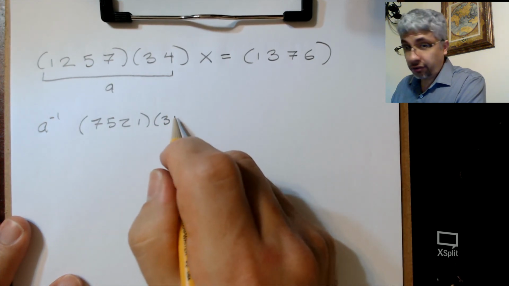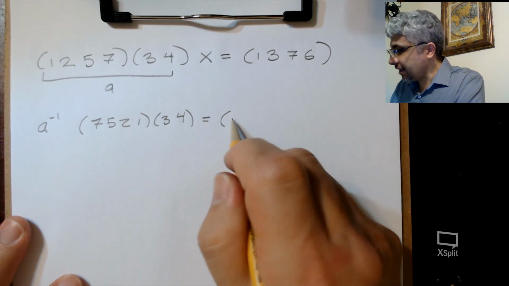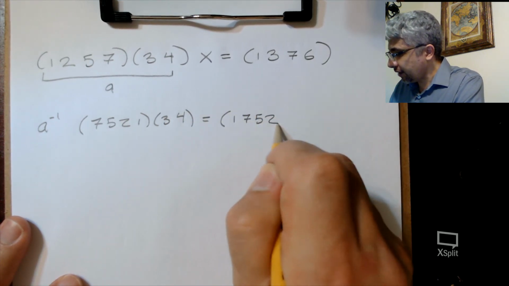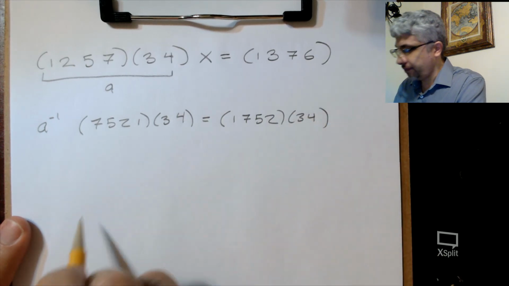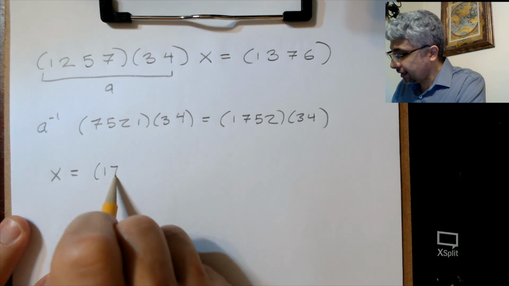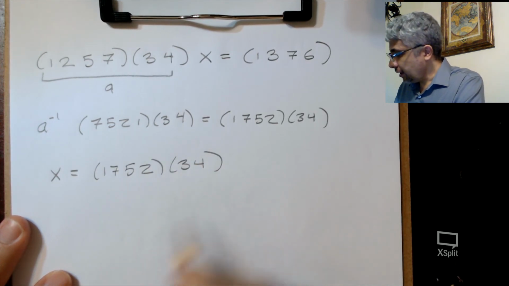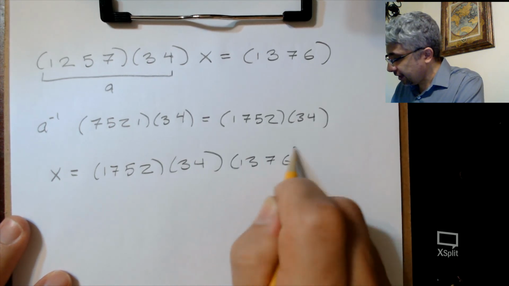I could write (4 3) here, but we already know that's going to be (3 4). Applying A inverse on the left to both sides means I get (1 7 5 2)(3 4) times (1 3 7 6).